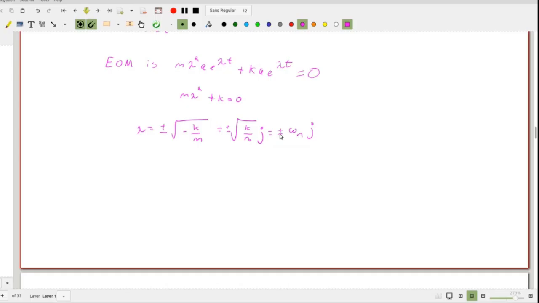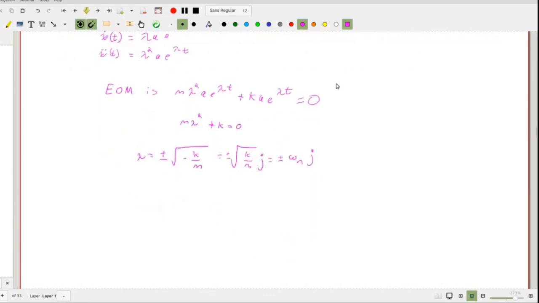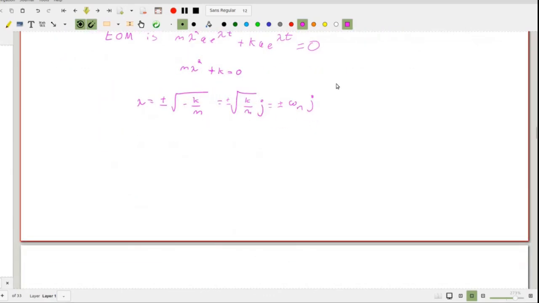So we can go ahead and put this back into our assumed solution, right? And our assumed solution is x(t) = Ae^(λt). And this becomes, so we have 2 solutions now.